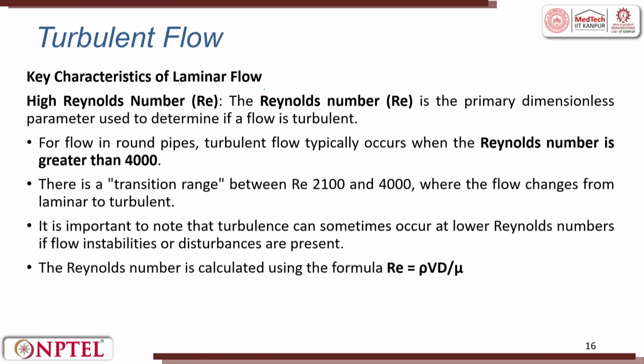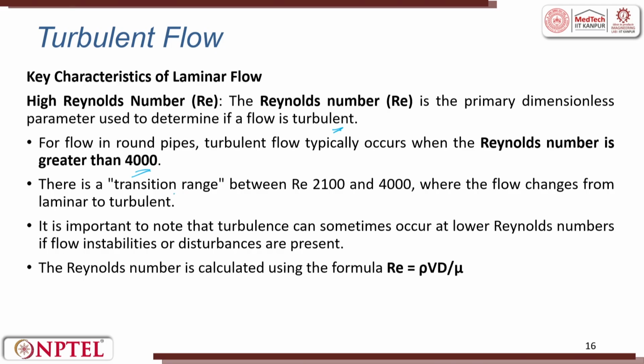The Reynolds number is a primary dimensionless parameter used to determine if a fluid is turbulent. For flow in a round pipe, turbulent flow typically occurs when the Reynolds number is greater than 4000.